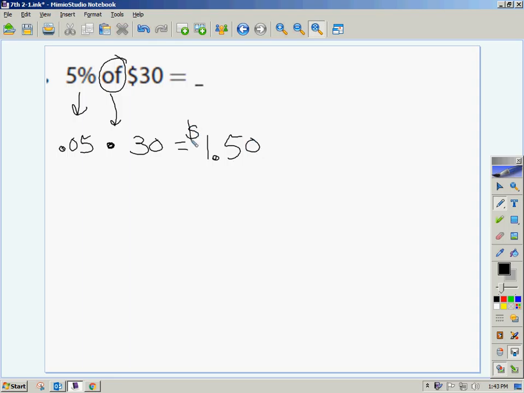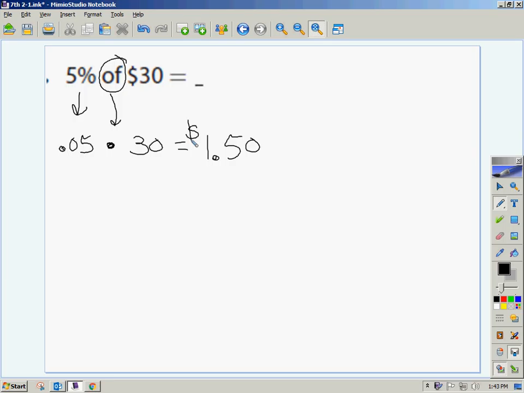Again, since this was money, I need to keep 2 decimal places. Even though it shows up as 1.5 on a calculator, I've got to keep it as $1.50. Do we have to show work? For this particular piece, there's not really a lot of work to show.